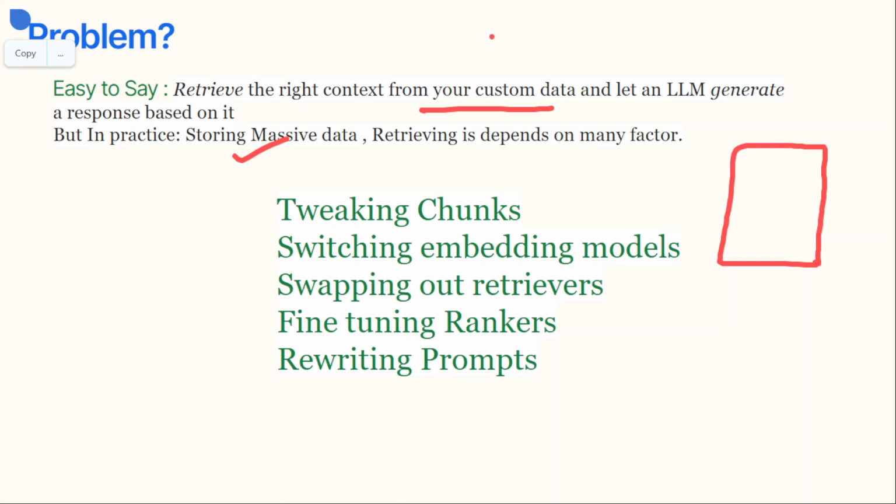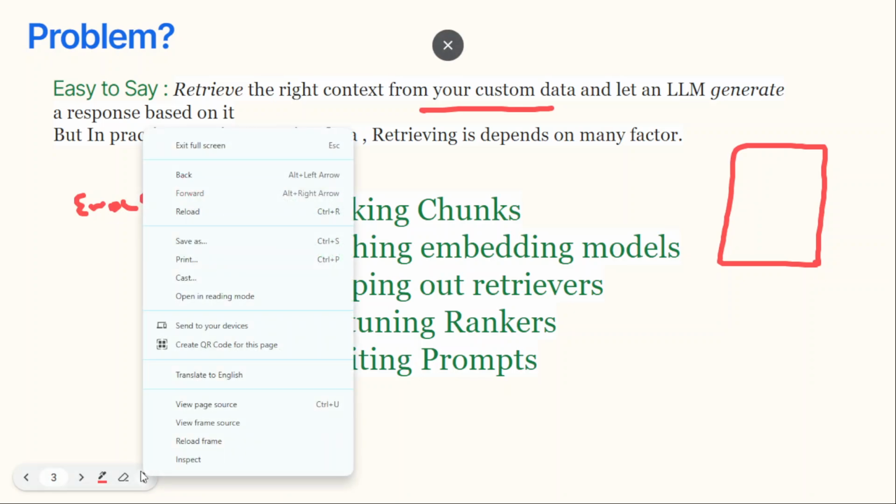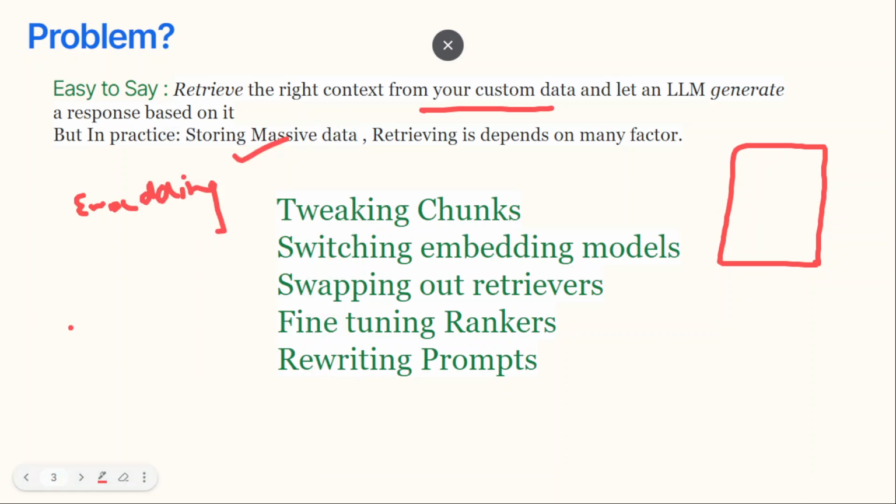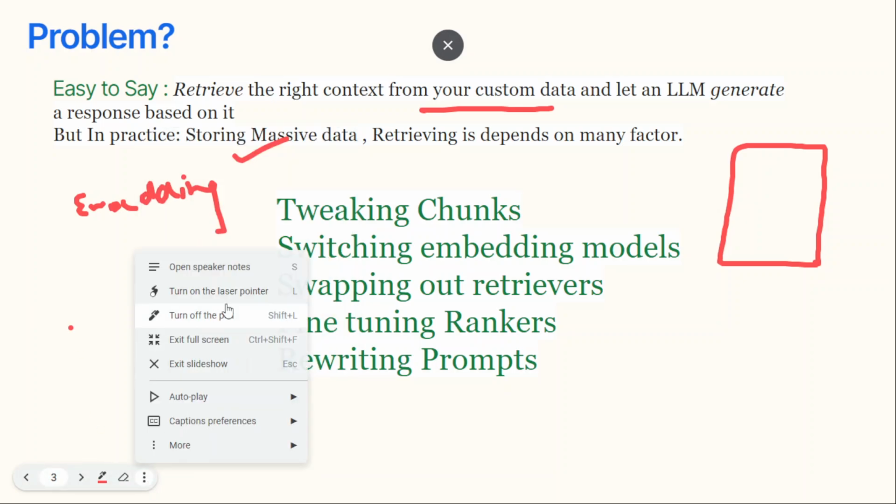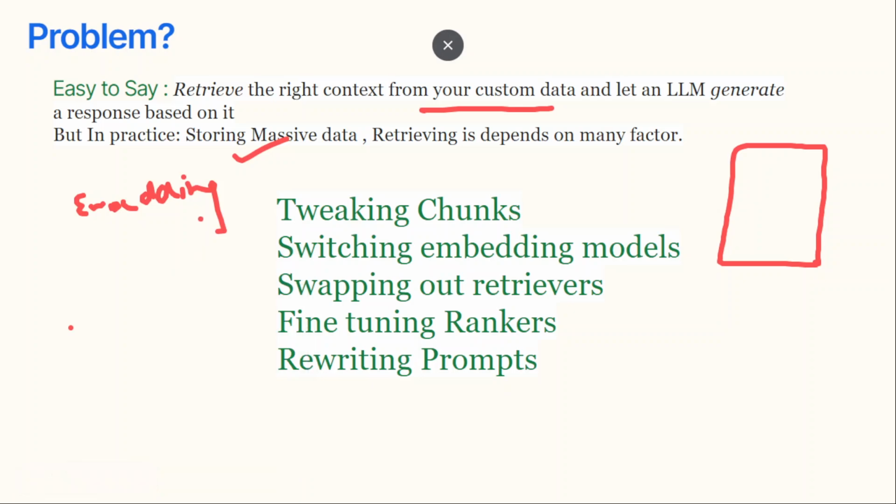The embedding model is itself a deep learning model, and this deep learning model has some size, some kind of memory to hold the data.